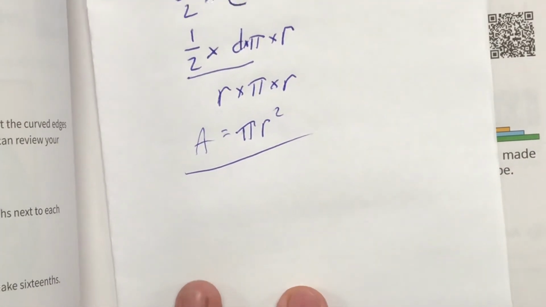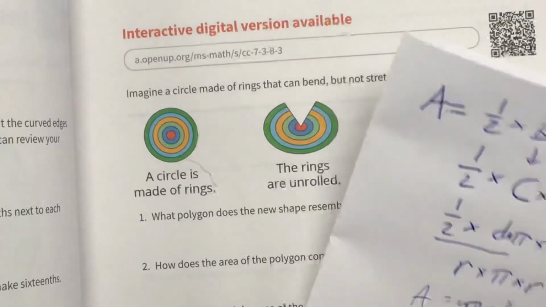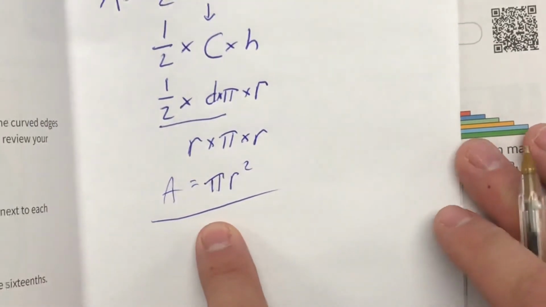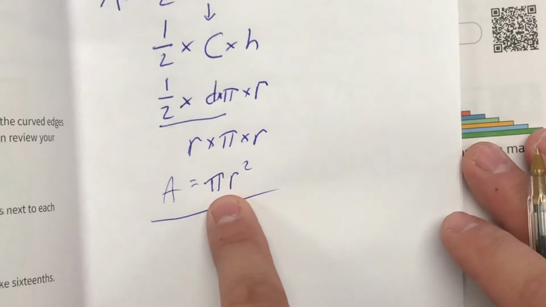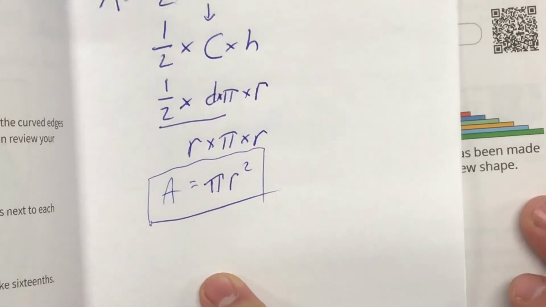That's basically a proof of why the circle formula is the way it is. So we compared a circle's dimensions, made it into a triangle, and we proved using a triangle why the circle formula works. So all that is showing you why that is true.